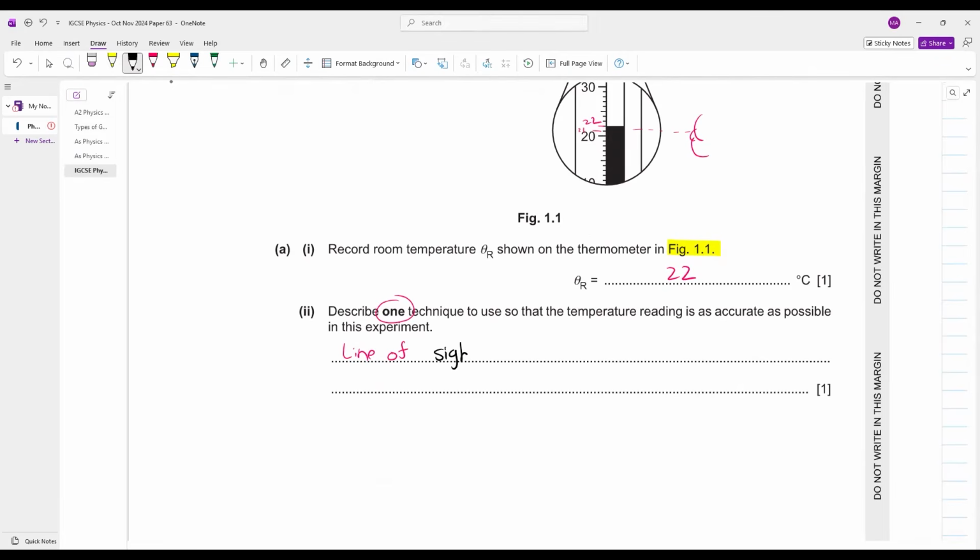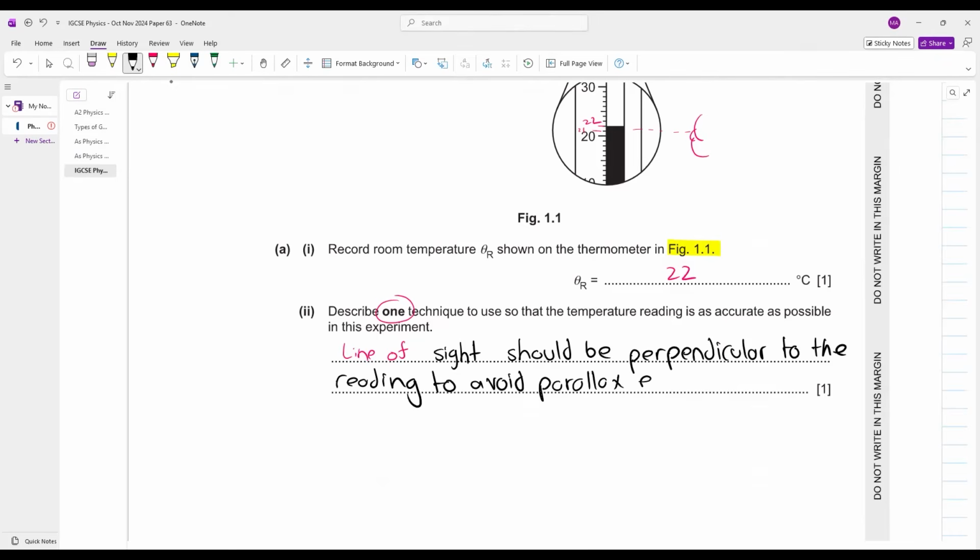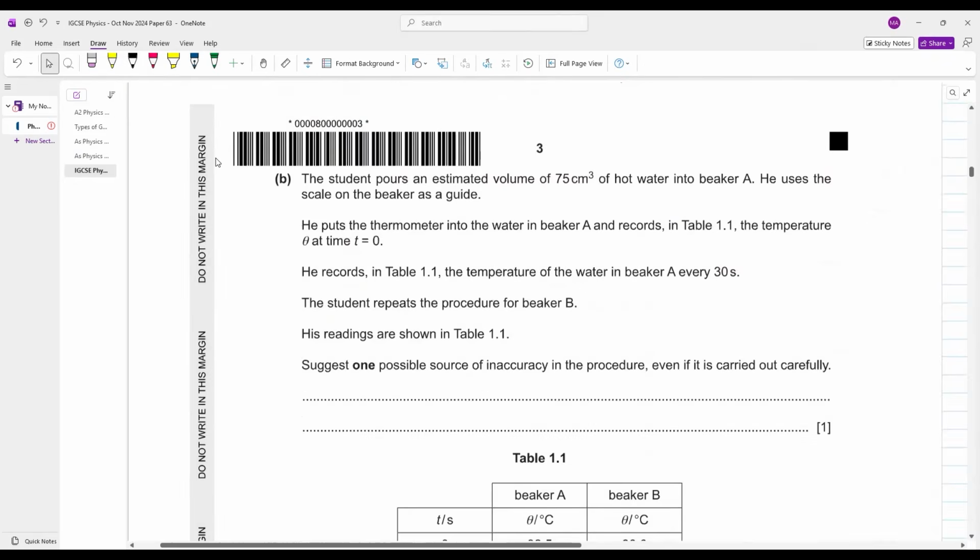Line of sight should be perpendicular to the reading to avoid parallax errors. Simple as that.